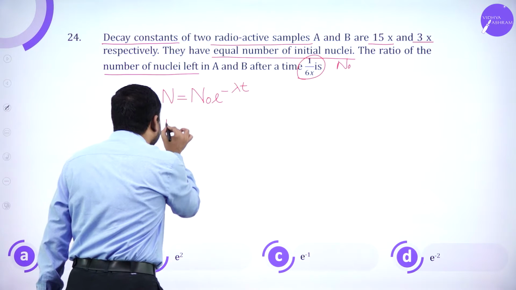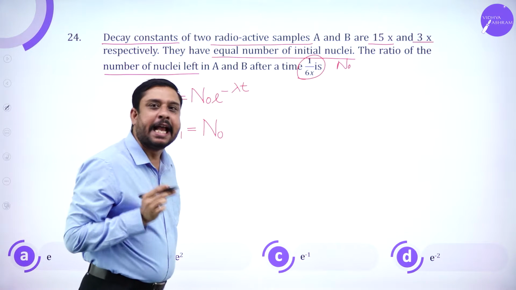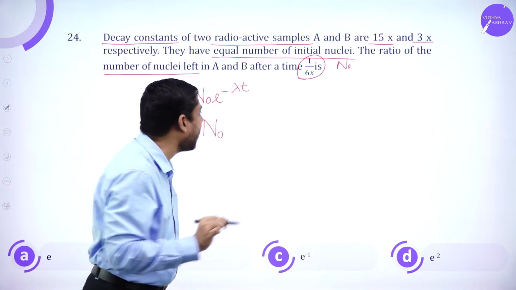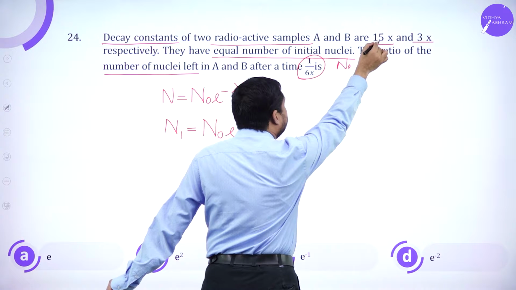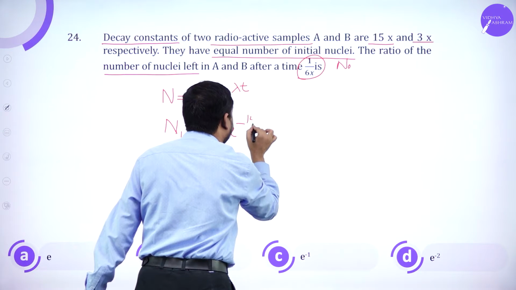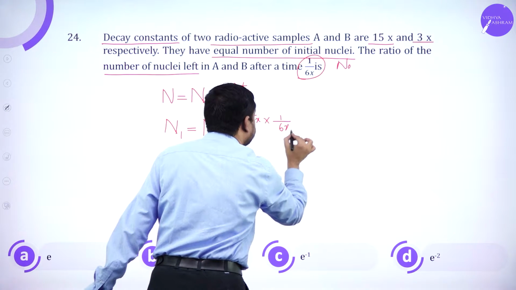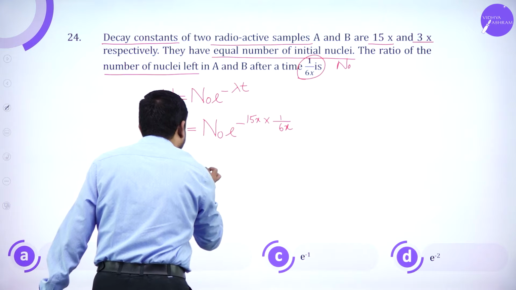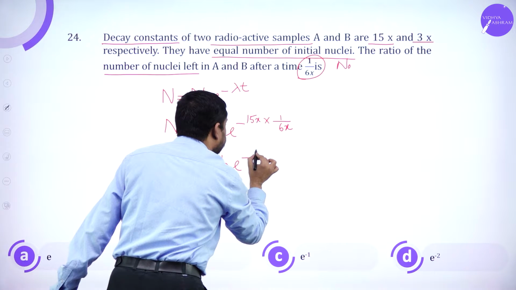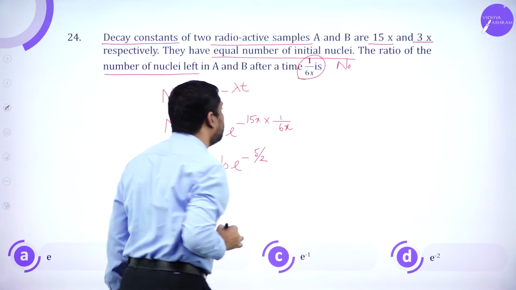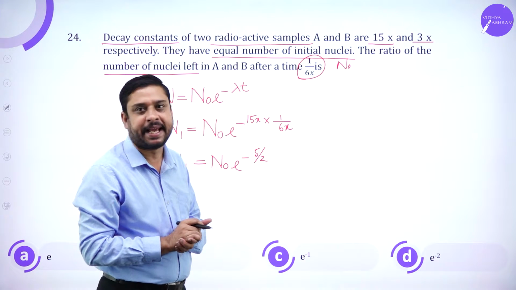So, in the first case, N1 equals N0, the same for both cases, e to the power minus, decay constant 15x into time interval 1 by 6x, or N1 is N0 e to the power minus 5 by 2.